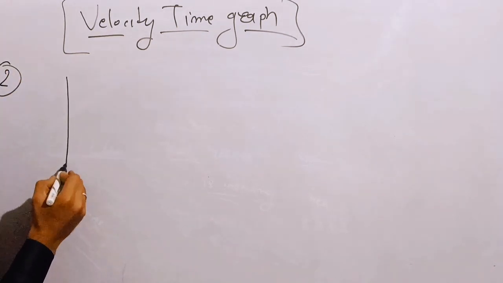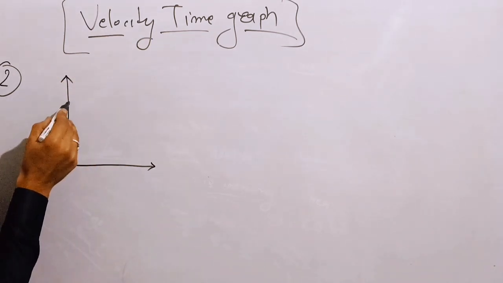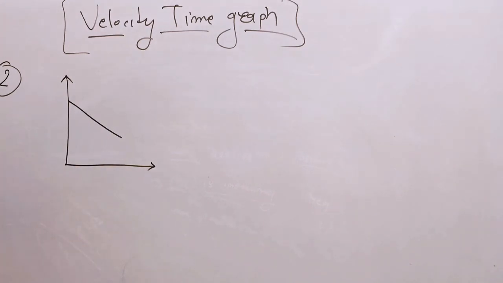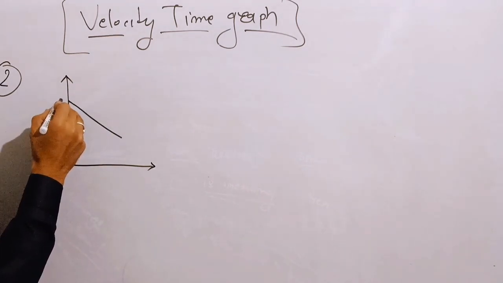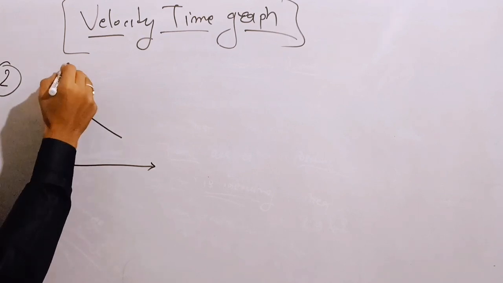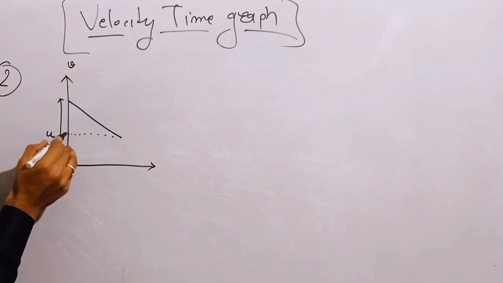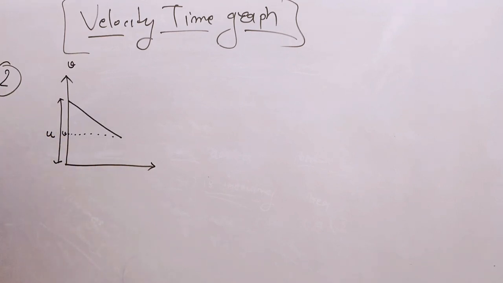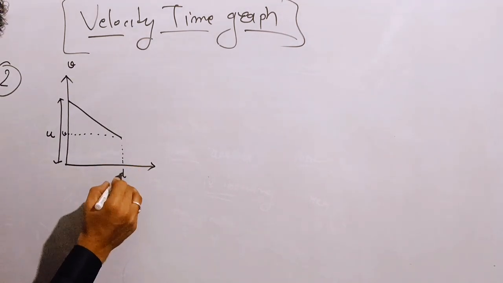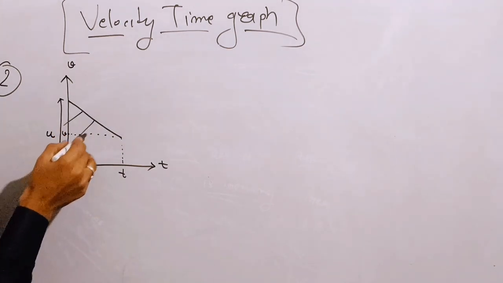Second graph, this is the x and y direction. This is a constant acceleration line in the negative direction, and the initial velocity is more than the final velocity. This is v. So t is the time, and this is the origin.